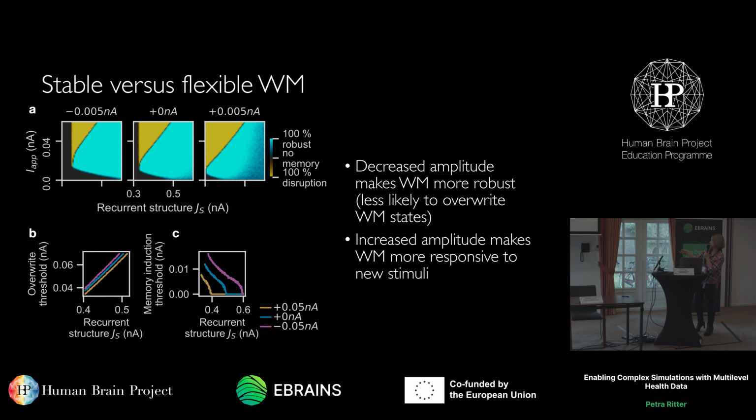The yellow areas indicate that the working memory trace is being disrupted by a distracting stimulus. And what we see very quickly with the naked eye is that for low input currents we have more blue and less yellow, and for high input currents we have more yellow and less blue, which means that depending on the input currents, the working memory trace is more or less robust.